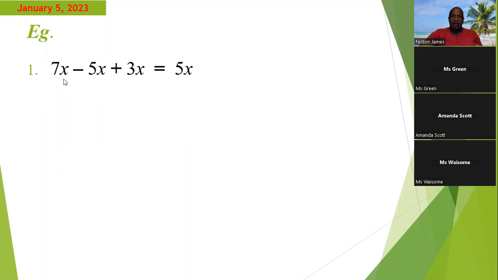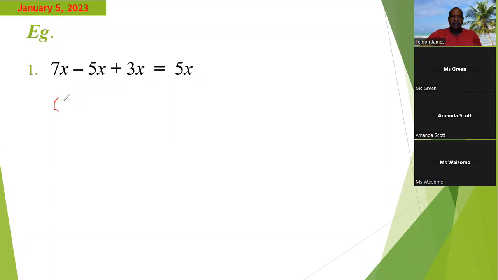All right, so all the terms in this expression are like terms. And in order to add them, we simply do what? Add their coefficients. One of the ways that you could write this when you're adding is to put all the coefficients in brackets.